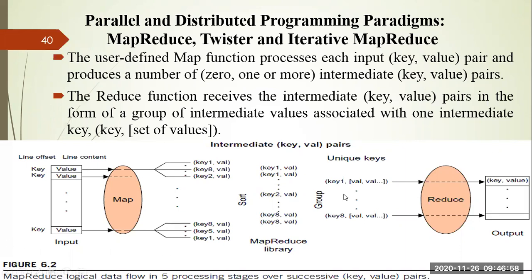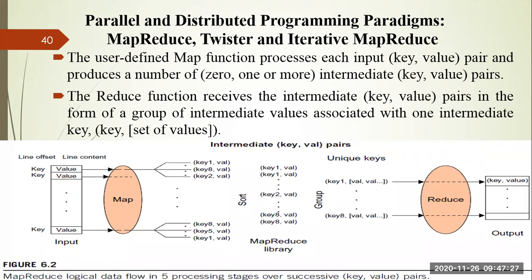You can see here, it receives the key value pair in the form of a group of intermediate values associated with one intermediate key, that is nothing but a key with a set of values. You can see here, you have defined the unique keys, key 1 to key 8, and their unique values are specified. So this process is used in MapReduce.